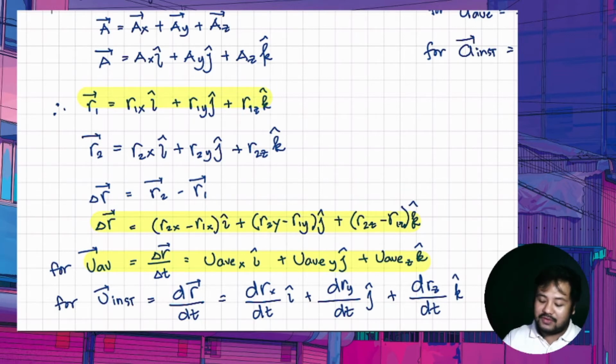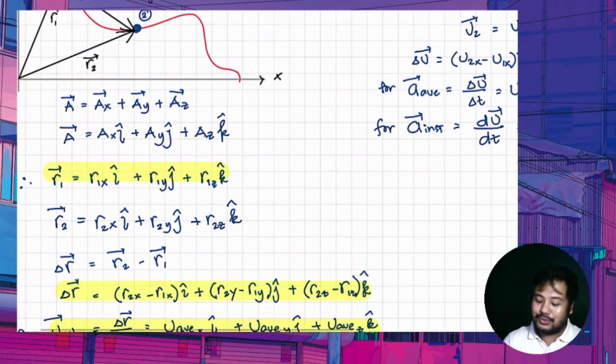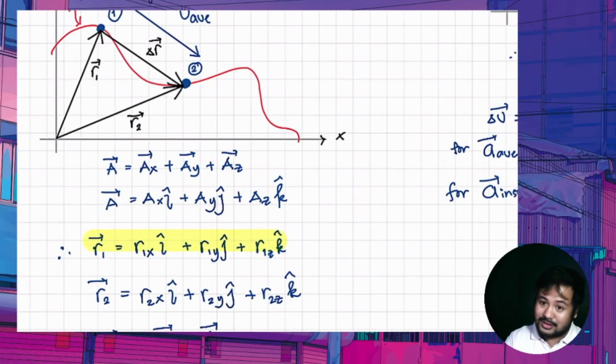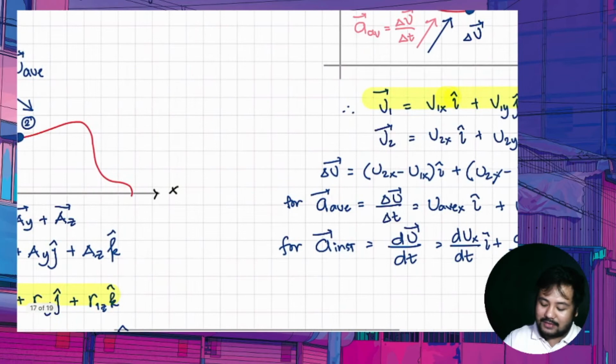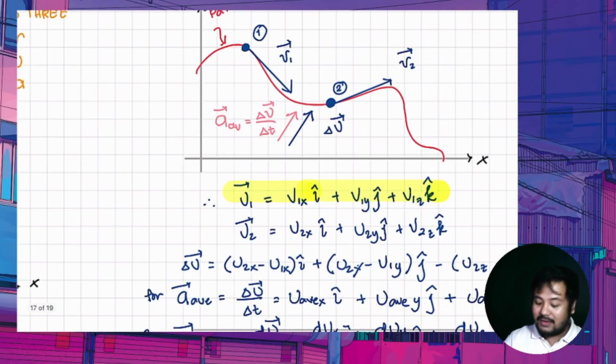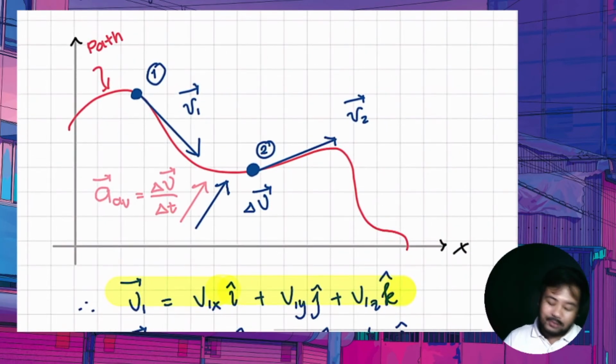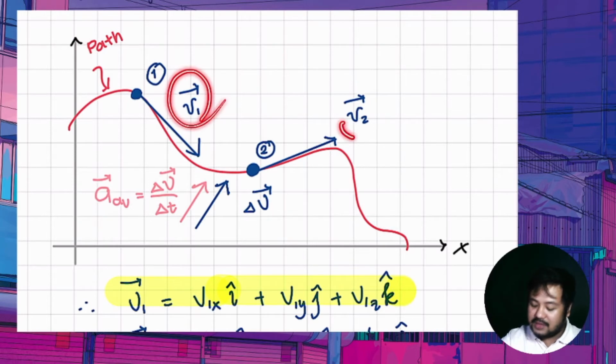Now, in terms of acceleration, we will have to make use of this illustration again, but I will just have to write first the velocity vectors. Now, if you have a curvilinear or curved path, your velocity vectors, these are v1 and v2 here, are instantaneous values.